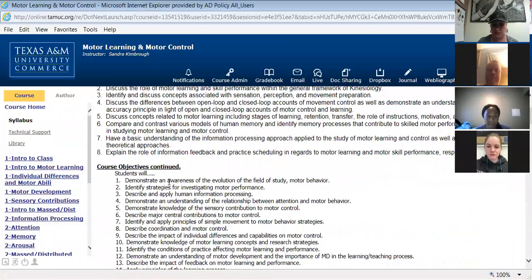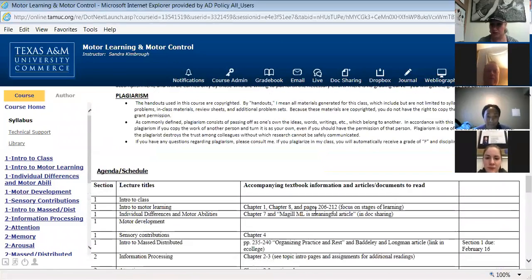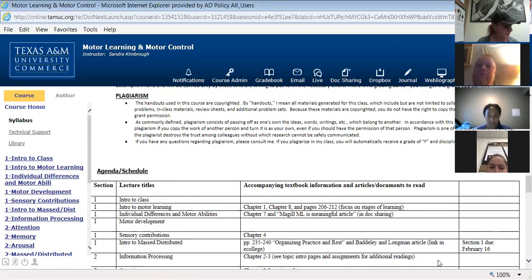Can y'all see this? Yes. Okay, so I'm looking at the calendar. Section 1, everything is due by February 16th. I don't recommend that you wait until then, but nothing is due until February 16th at 11:59.